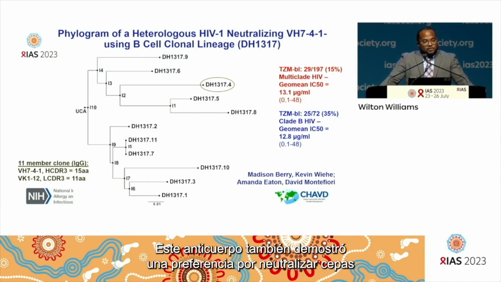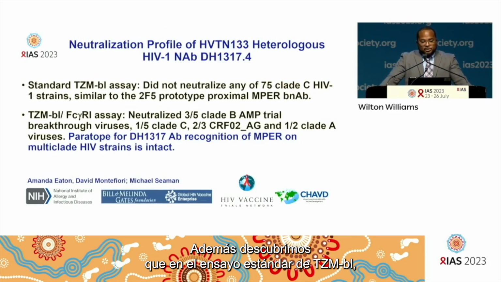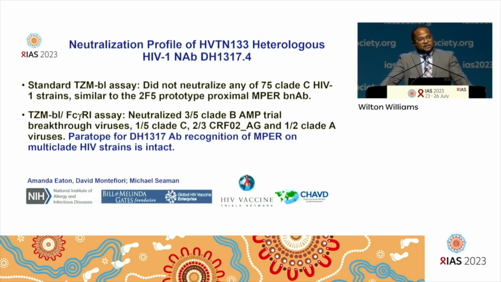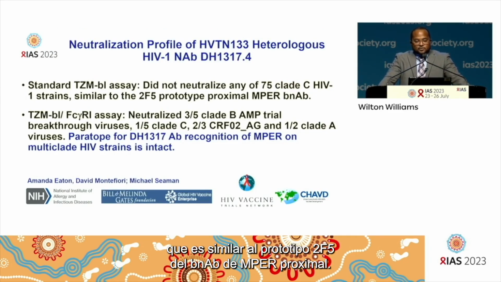This antibody also demonstrated a preference for neutralizing clade B HIV-1 strains in that it neutralized 35% of the 72 clade B strains that were present among the 197 viruses tested, and the geometric mean IC50 neutralization titer was also 13 micrograms per ml. Additionally, we find that in the standard TZM-bl assay, DH1317.4 did not neutralize any of 75 clade C HIV-1 strains, which is similar to the 2F5 prototype proximal EMPER bNAb.